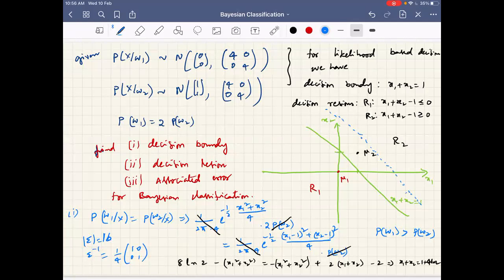It doesn't change. What changes is only a shift from the most probable class. So this is the decision boundary.